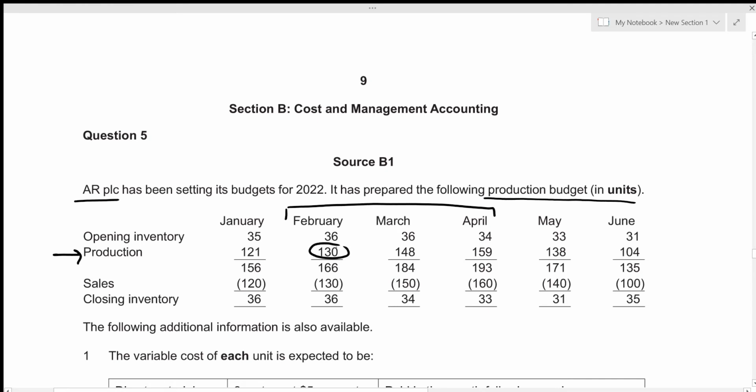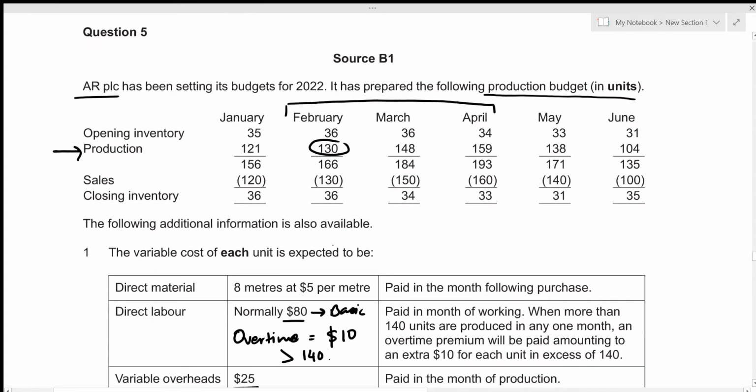But we know that while making our purchases budget, we will be making that in dollars. So we need to find out the dollar value worth of direct materials that we need for the production level of 130. What we know is that the direct material for each unit is required at 8 meters at $5 per meter. For February, the production level is 130.